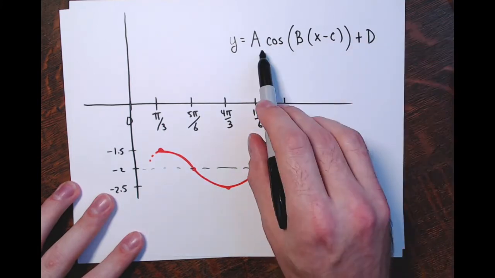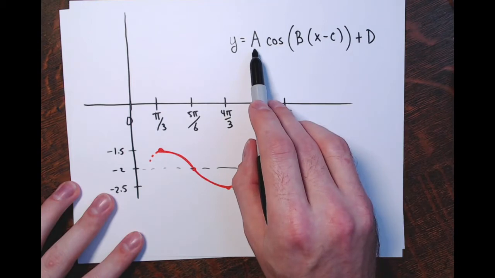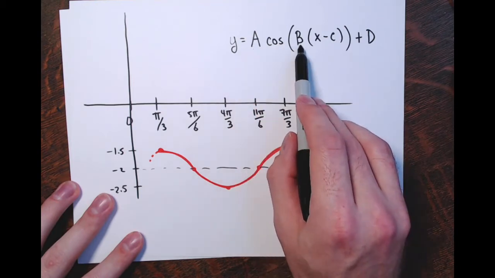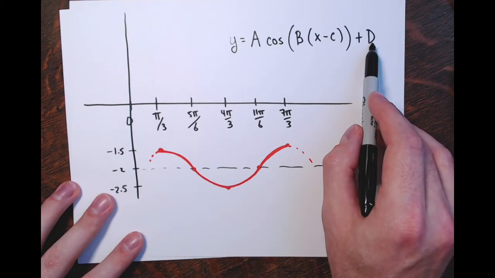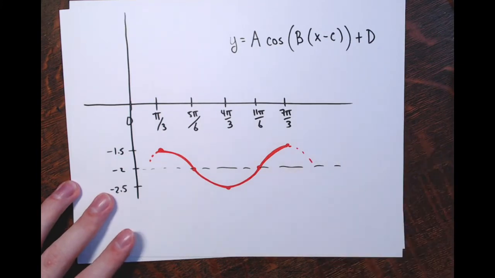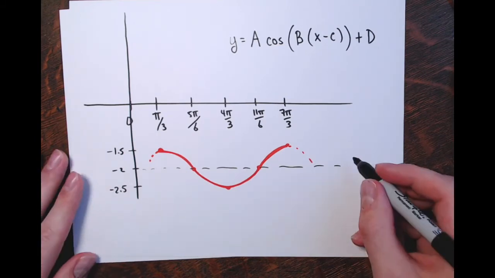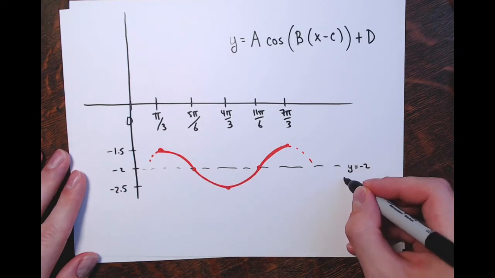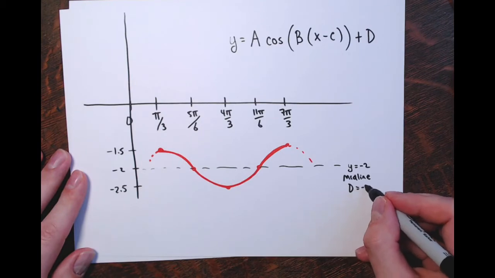So a times the cosine of b times the quantity x minus c plus d, where a is related to the amplitude, b is related to the period, c is related to the horizontal shift, and d is related to vertical shift, or the midline. So y equals negative 2 here is the midline. So that means d equals negative 2. Right, so I've got the d.